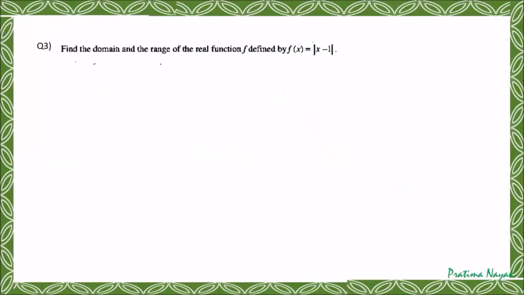Question number 3. Find the domain and range of the real function f(x) is equal to the modulus of x minus 1. So can I put any value of x? Yes, any value. If I put 100, 100 minus 1 will be 99. If I put minus 100, minus 100 minus 1 will be 101 again.